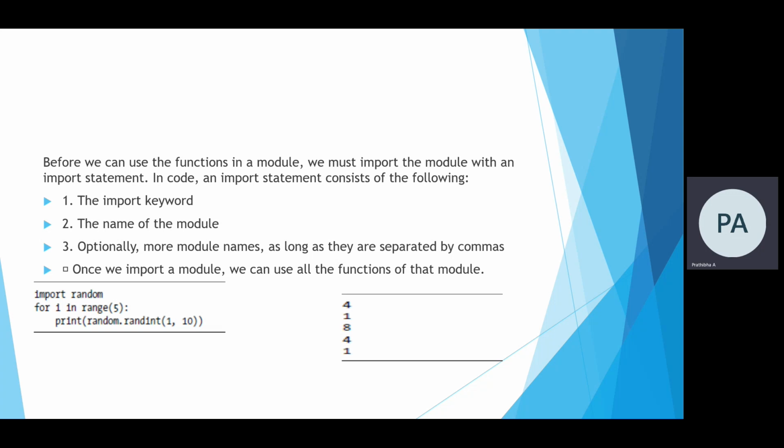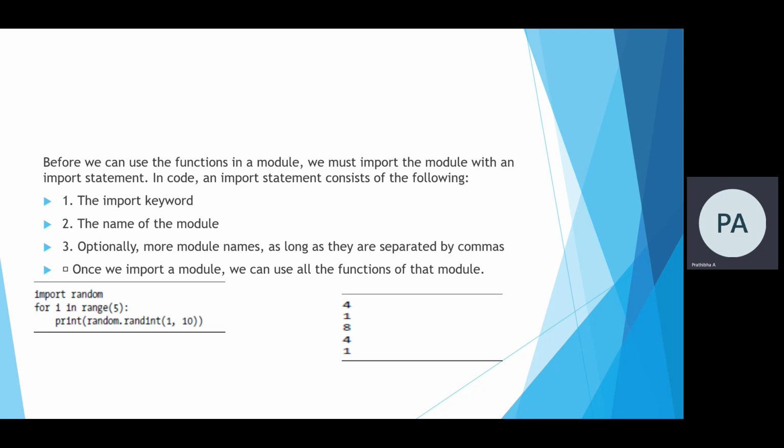Then print random.randint. This randint is a function present inside the random module, which is why we use random.randint. We are generating random integer numbers starting from 1 up to 10.